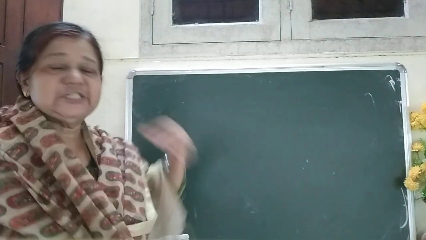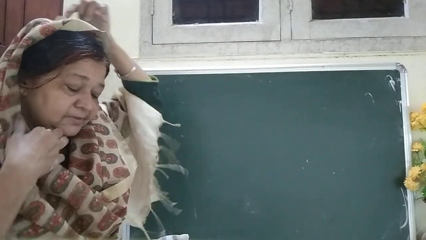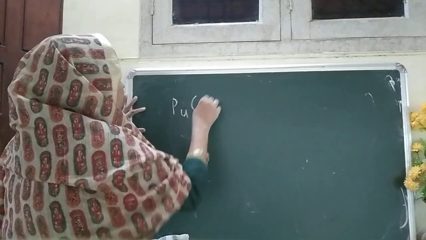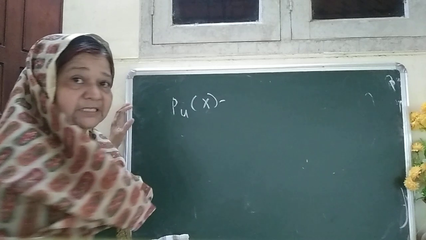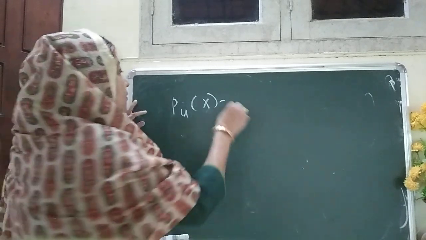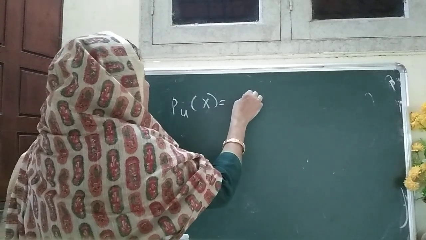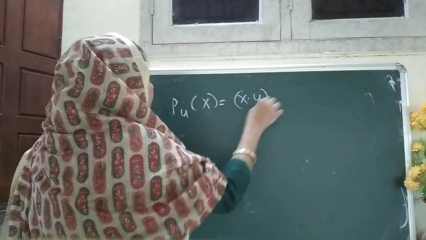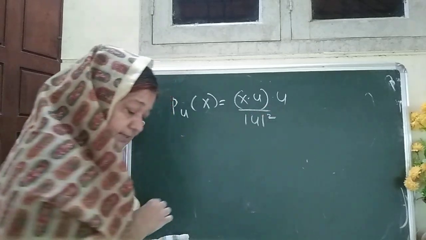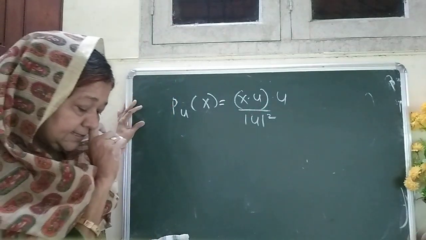First is the projection. The first transformation is the projection transformation. That is, PU of x equals, we know, (x dot U) into U by mod U square. Let us see.